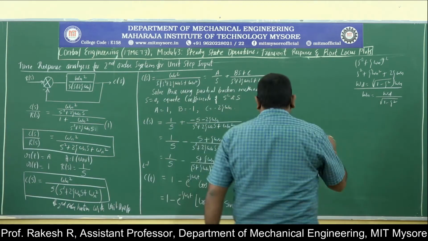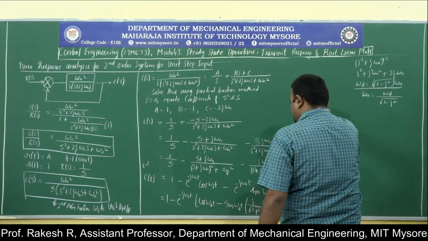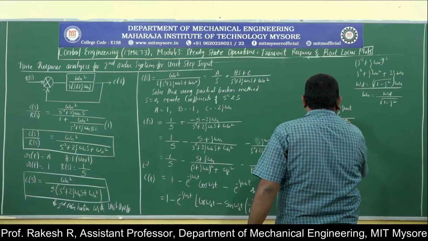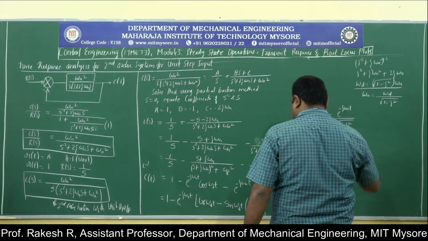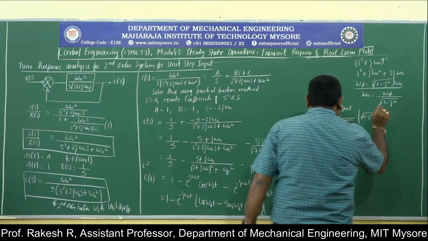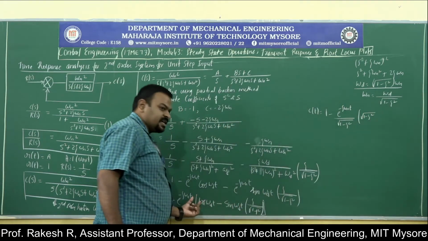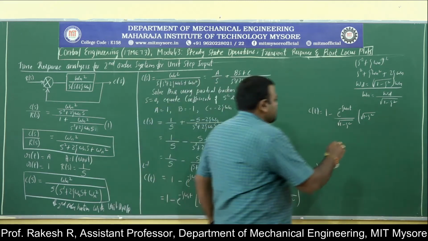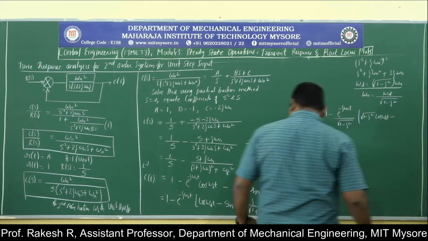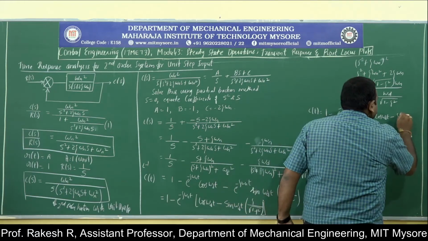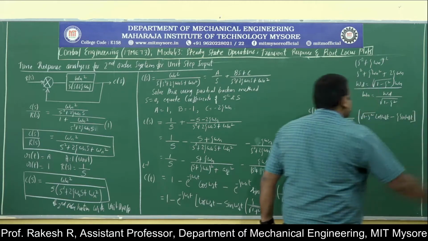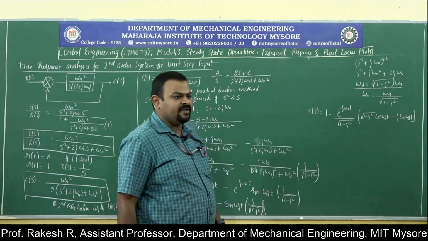Then C of t will be equal to 1 minus e to the power of minus zeta omega n t divided by square root of 1 minus zeta square, into cos omega d t minus zeta sin omega d t. So this is an expression for C of t.